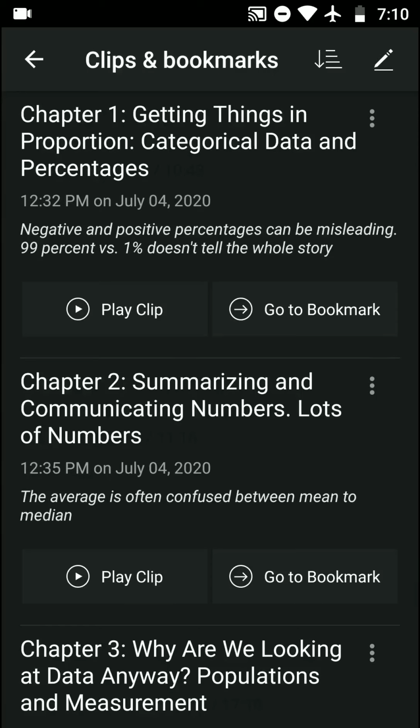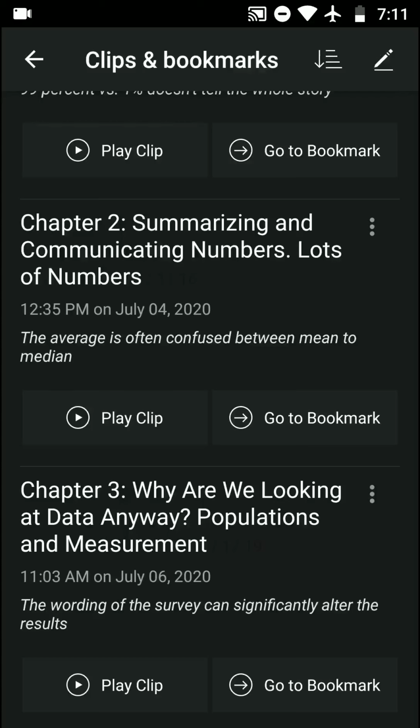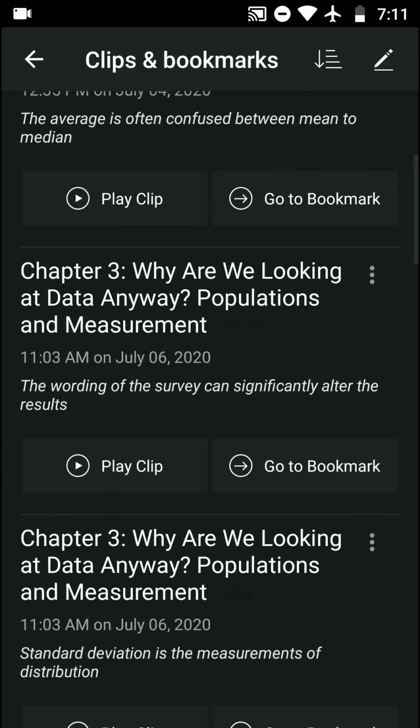The average is often confused between mean and median. When you say average, what does it mean? The mean or the median? There is confusion about it. The wording of a survey can significantly alter the result. The way they ask the question can make a big difference, which is widely known.